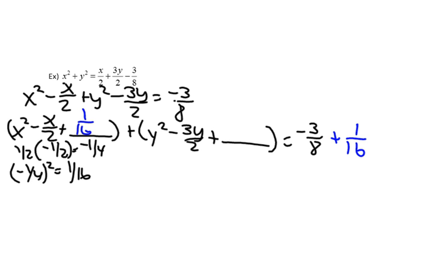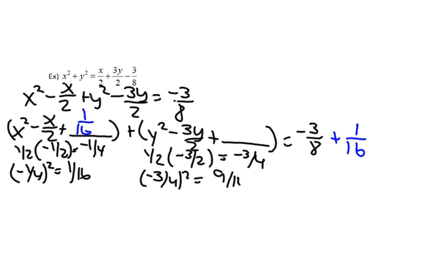Now, let's do it for the other one. So I want to take half of negative 3/2, which is negative 3/4, and then square it. Negative 3 squared is positive 9, and 4 squared is 16. So I'm going to add 9 over 16 to both sides.